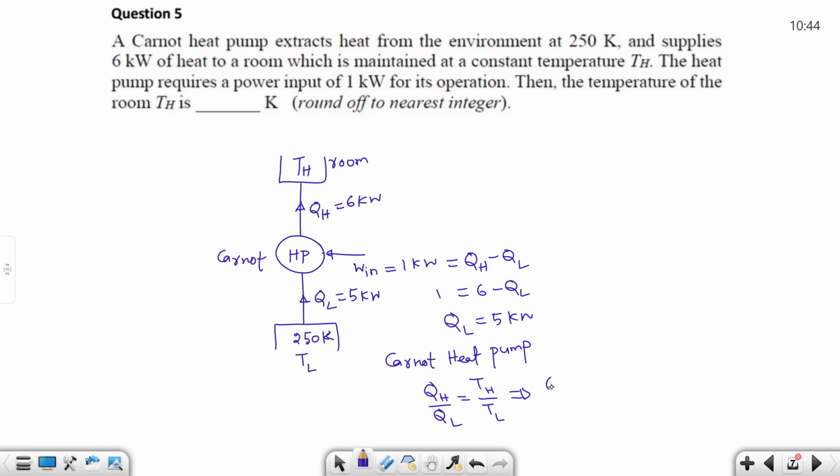QH is 6, QL is 5, TH is what we want, TL is 250. So TH is 300 Kelvin. So the answer is 300 Kelvin.